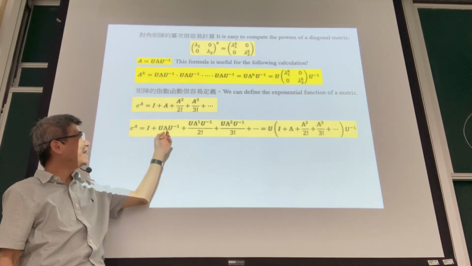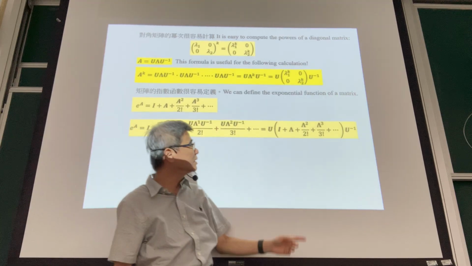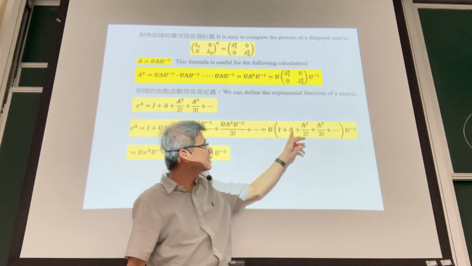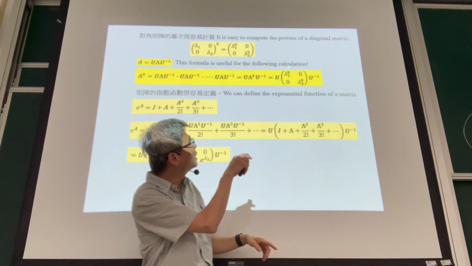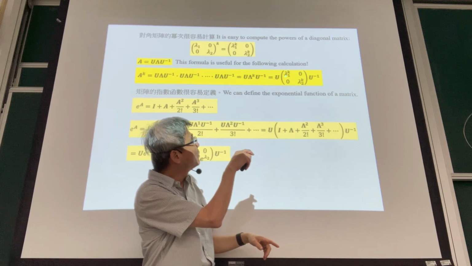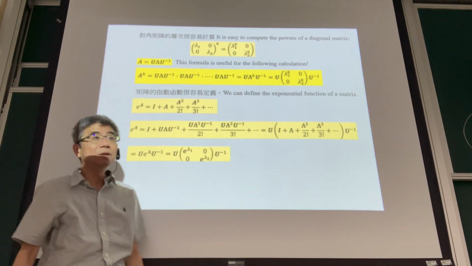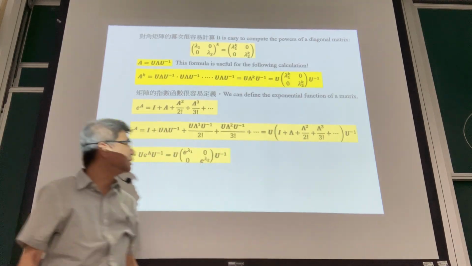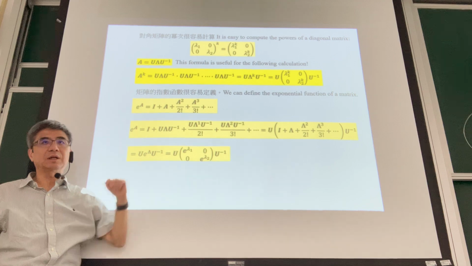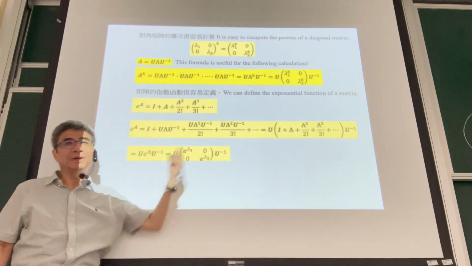Okay, and I know the answer of this lambda squared, lambda cubed, because it is equal to lambda 1 to the first, lambda 2 to the first, lambda 1 to the square, lambda 2 square, lambda 1 to the cube. So if you add them all together, it becomes exponential lambda 1, exponential lambda 2, the diagonal matrix times U minus 1.